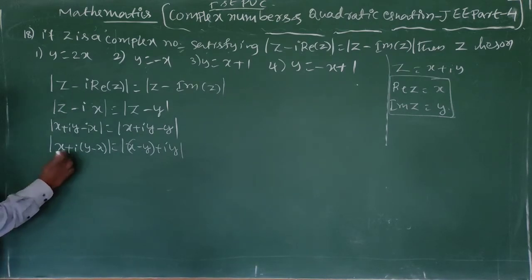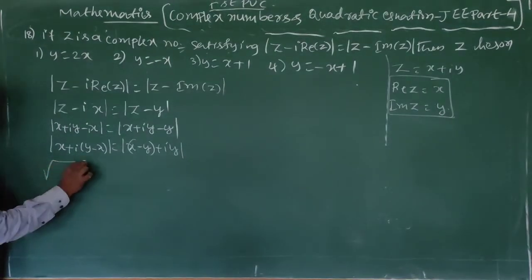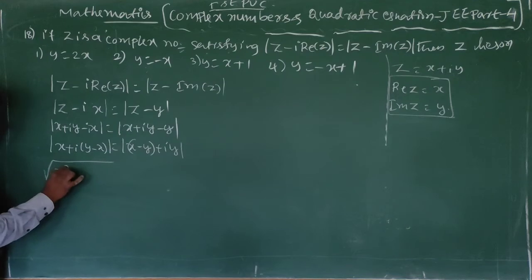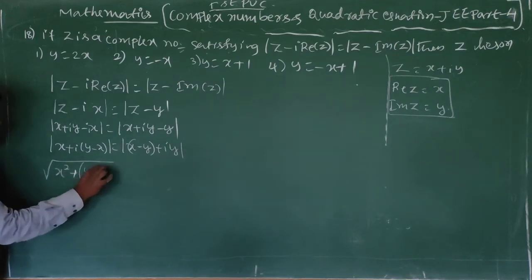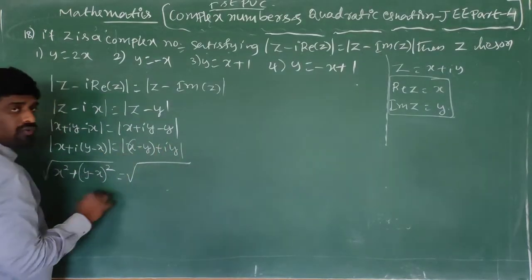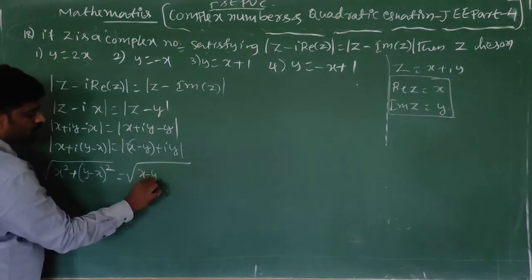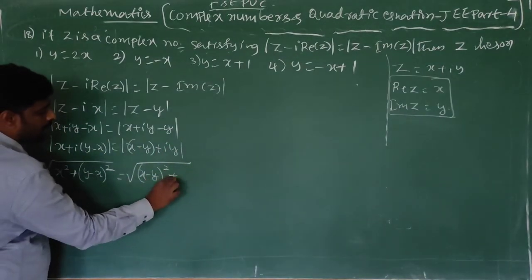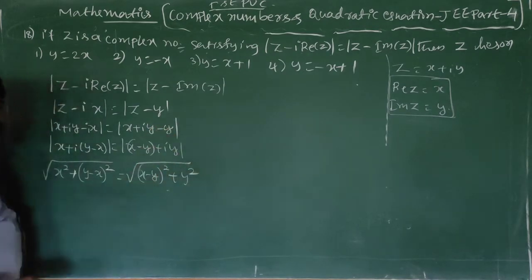Now I have to find modulus: square root of x square plus (y minus x) whole square is equal to square root of (x minus y) whole square plus y square.